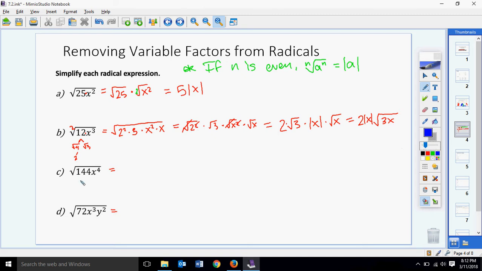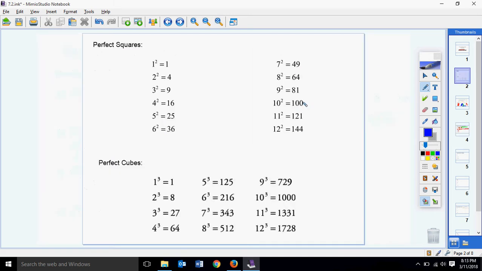The square root of 144x to the 4th. Think about 144 as breaking it up into your factor trees. The square root of 144, if you remember from slide 2, 144 is just 12 squared.